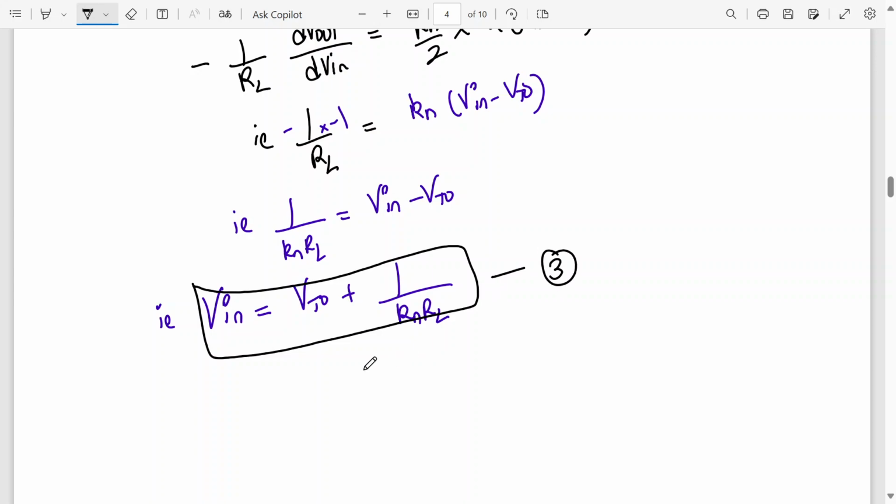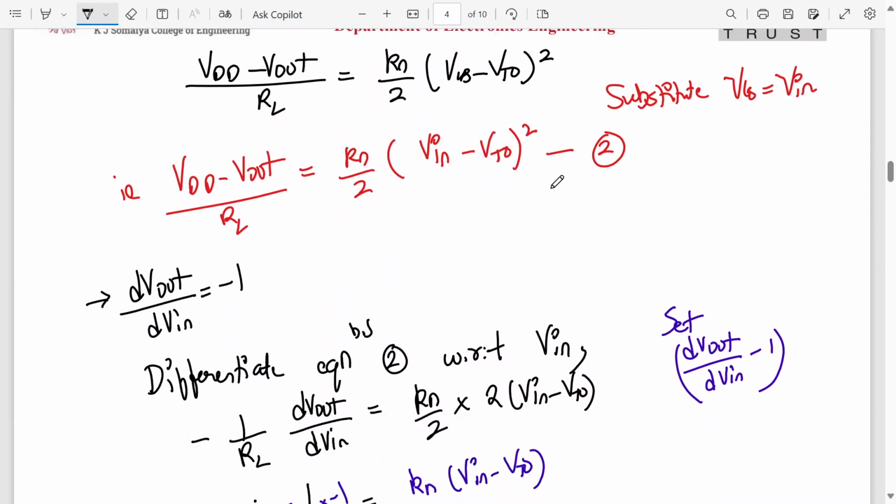The value of the output voltage when V in is equal to VIL can be found out by substituting equation number 3 in equation number 2.